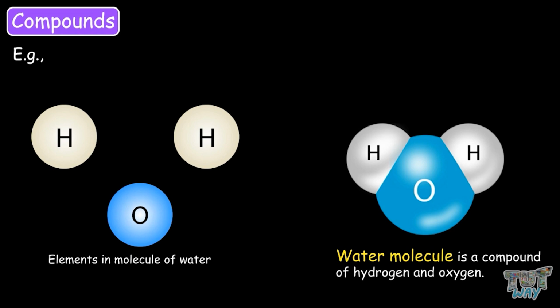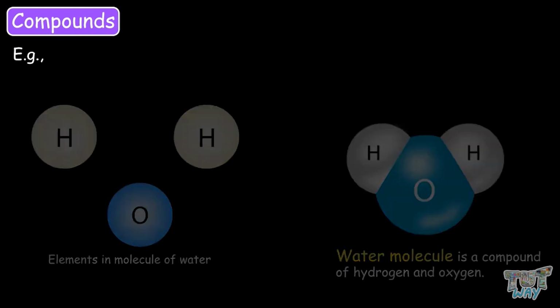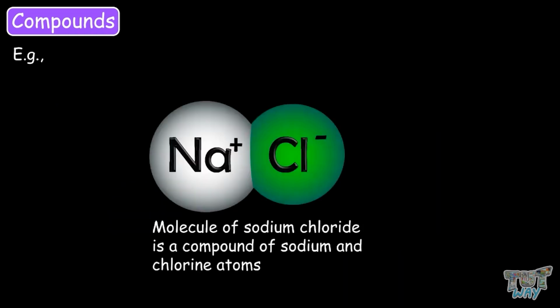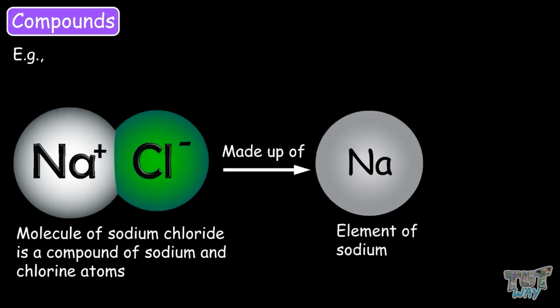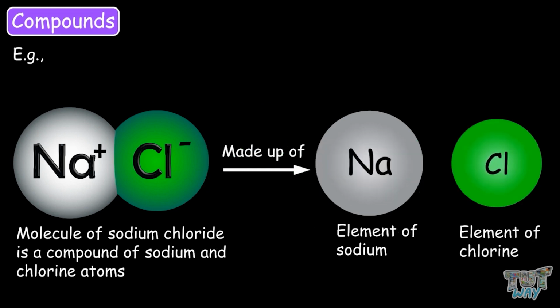Let's have some more examples of compounds. Sodium chloride. It has 2 types of elements, sodium and chlorine. And each molecule of sodium chloride is written as NaCl because each molecule has 1 atom of sodium and 1 atom of chlorine.